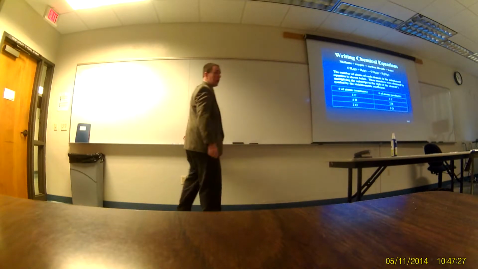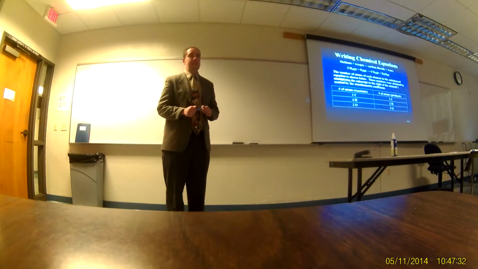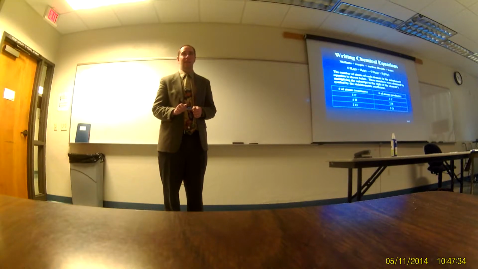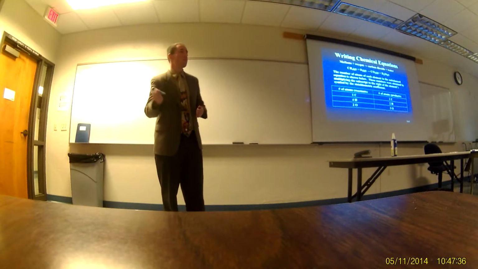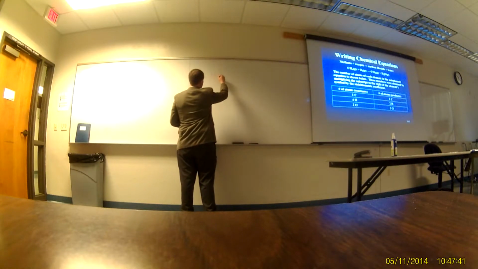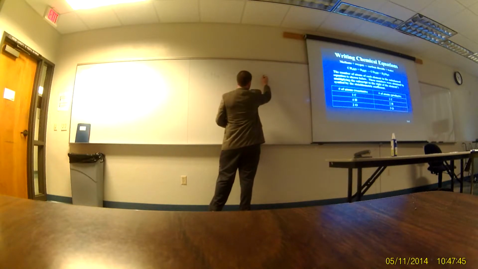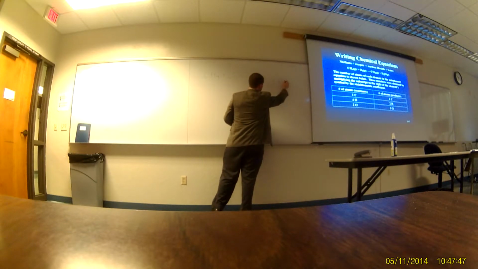So we have to balance this. Okay? Always balance with pencil, not pen. Or otherwise it gets really, really ugly. So we have CH4 plus O2 yields CO2 plus H2O.